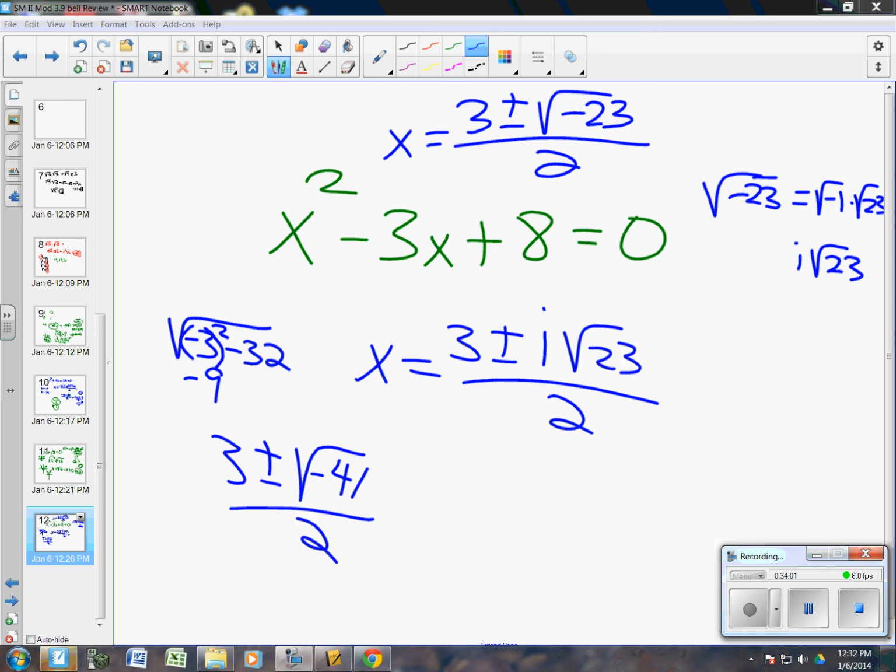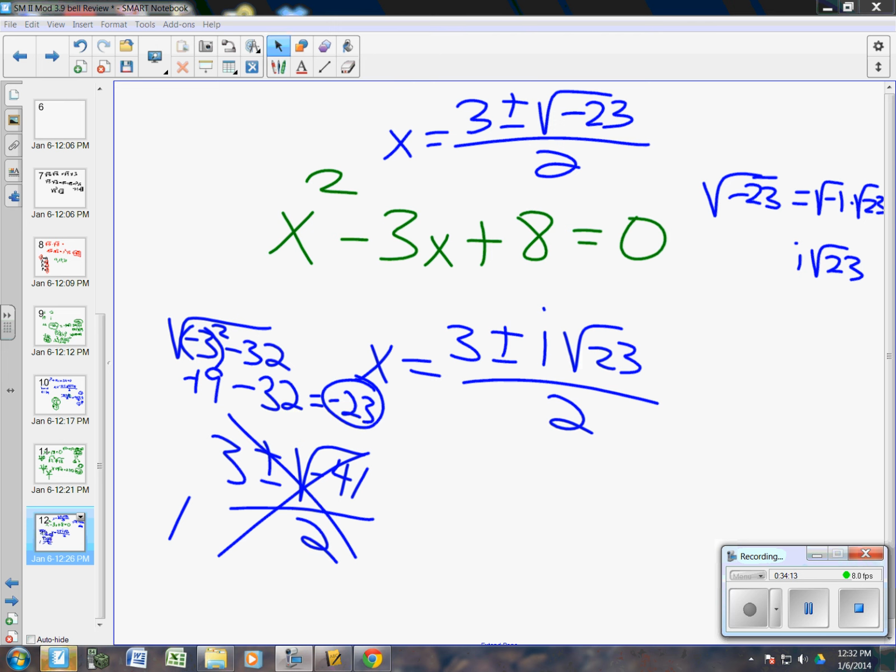Don't forget, negative 3 squared requires parentheses. You're always going to get a positive number there. And then when you subtract the 32, you get negative 23, not negative 41. So that one's wrong. Any questions there? If you get a negative inside of there, you know you have an imaginary solution. You know you're going to have an i. Do you understand that?